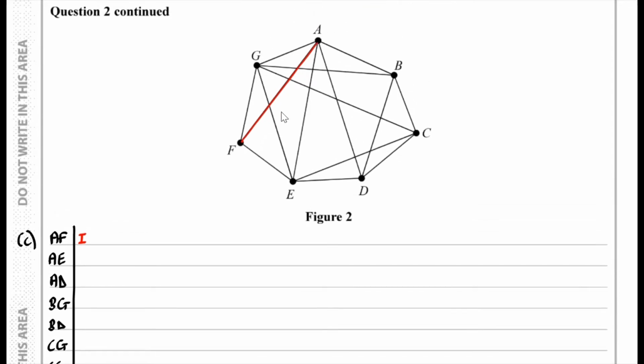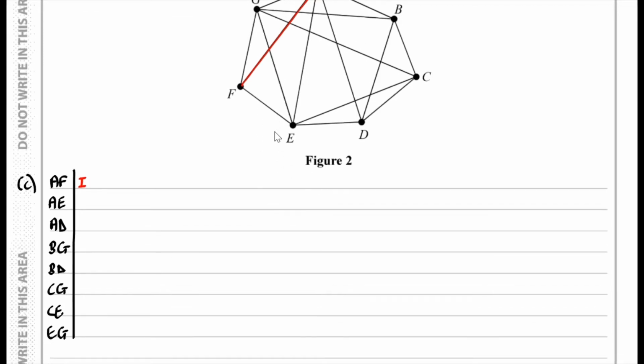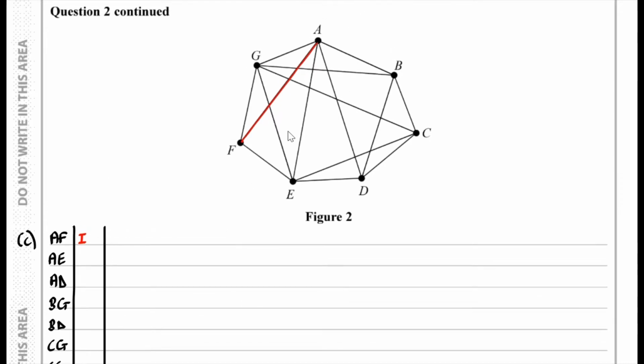And you look at the edges which intersect AF, those are BG, CG and EG, and then we write down the letter opposite to I, which is O, for those. So you'll notice also BG, CG and EG do not intersect each other.